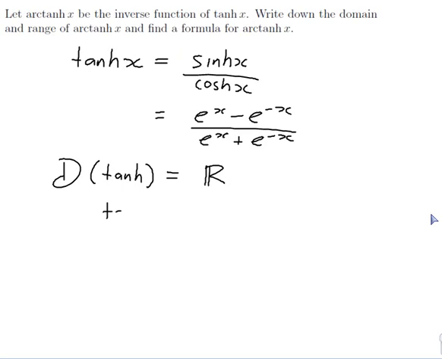Well, tanh of 0 is e to the 0 minus e to the minus 0, over e to the 0 plus e to the 0. The top has e to the 0 minus e to the 0, so the whole thing comes out as 0. So I can make 0. Well, now I'll do what I was planning to do and see what happens as x goes to infinity and what happens as x goes to minus infinity.